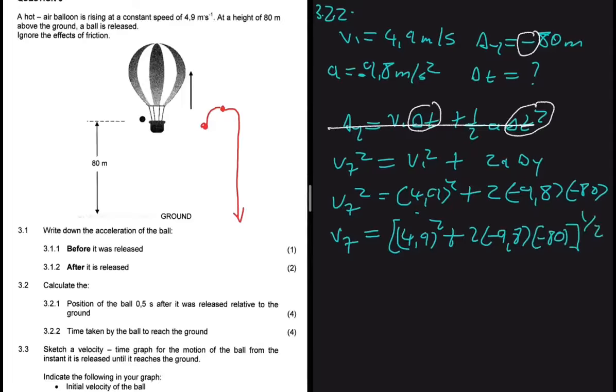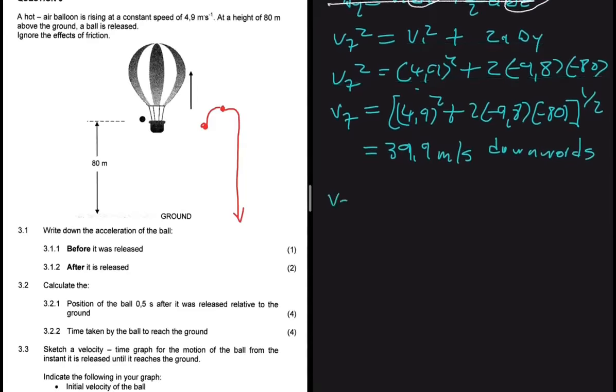And then if you compute that, you're going to get 39.9 meters per second downwards. Downwards. So we know that if we are to use this value again, we have to put a negative sign. So now I have Vf. I can then say that Vf is equal to Vi plus a delta t. What is Vf? Vf is minus 39.9. And what is Vi?